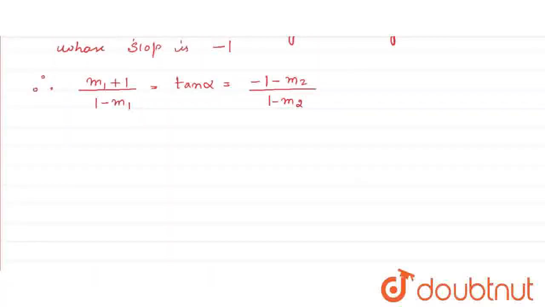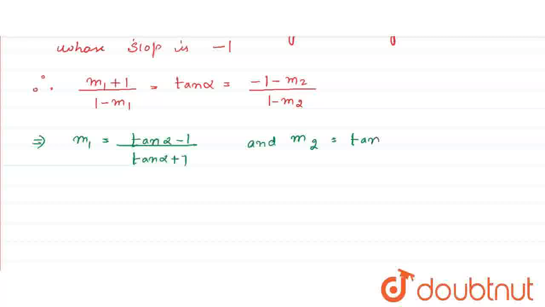Now this implies, if I solve it a little bit, I can find the value of m1 from here, and this would be (tan alpha minus 1) divided by (tan alpha plus 1). If I solve this particular expression, what will I get? I will get the values of m1 and m2 as (tan alpha minus 1)/(tan alpha plus 1) and (tan alpha plus 1)/(tan alpha minus 1).